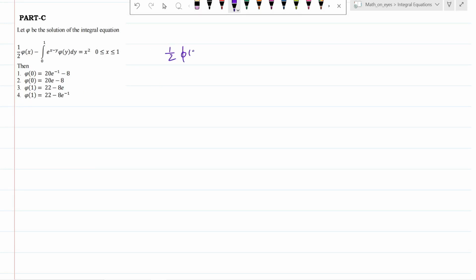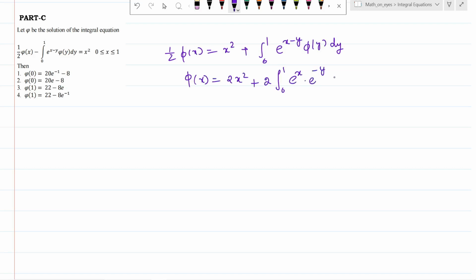So half of phi of x is equal to x squared plus integral 0 to 1 e to the power x minus y into phi of y dy. So phi of x is equal to 2x squared plus 2 into integral 0 to 1 e to the power x into e to the power minus y into phi of y dy.